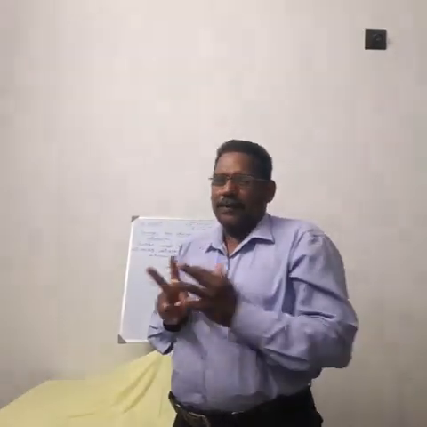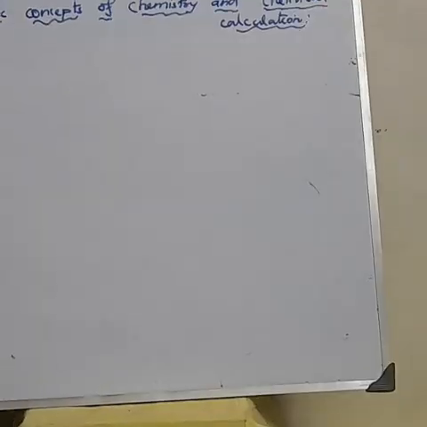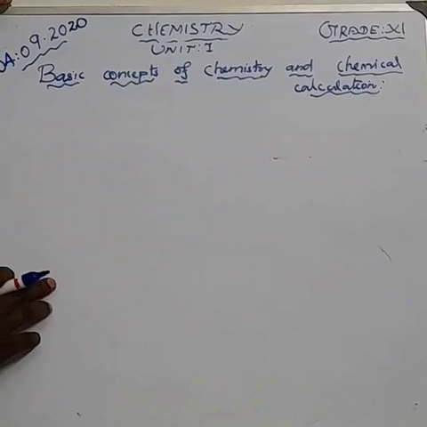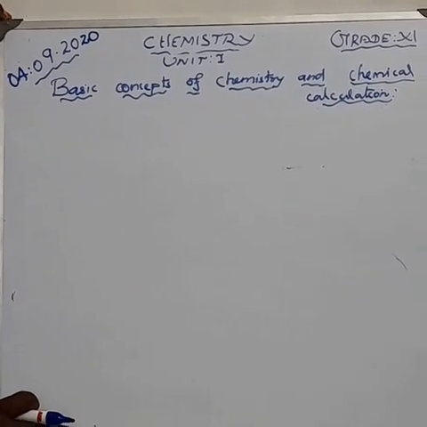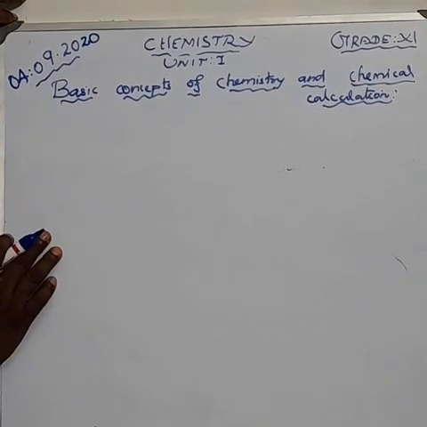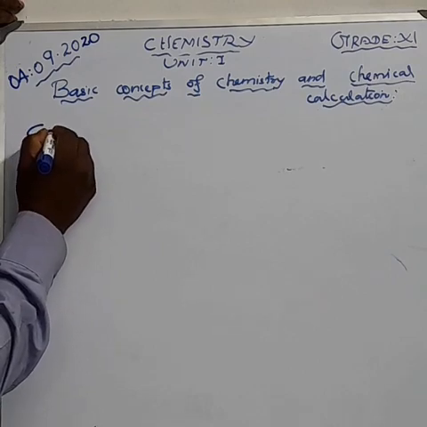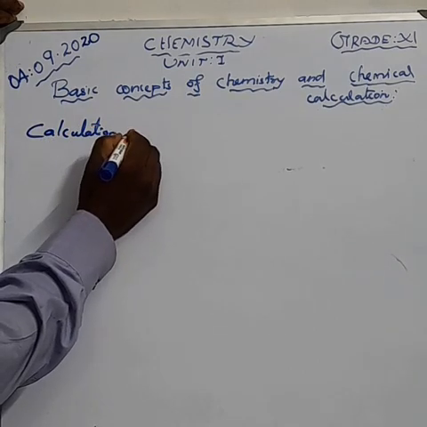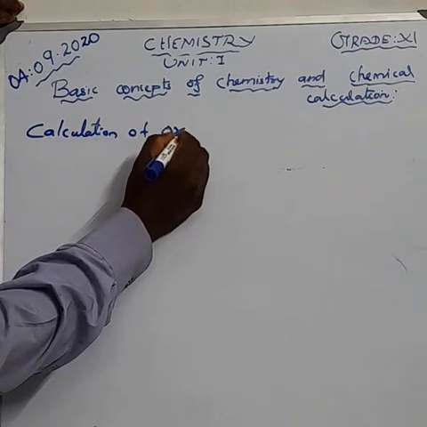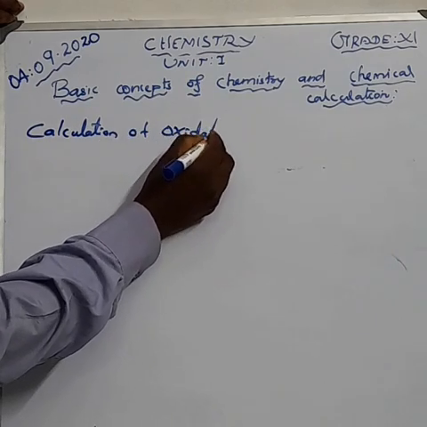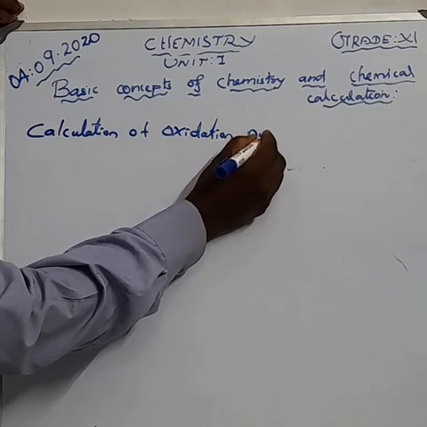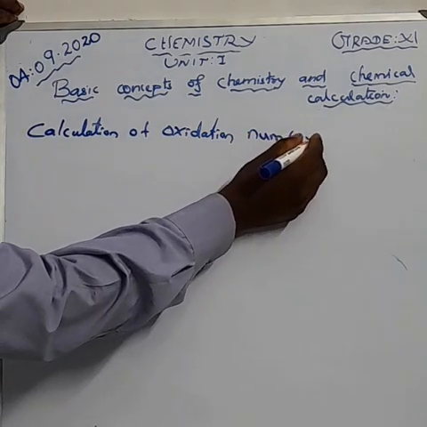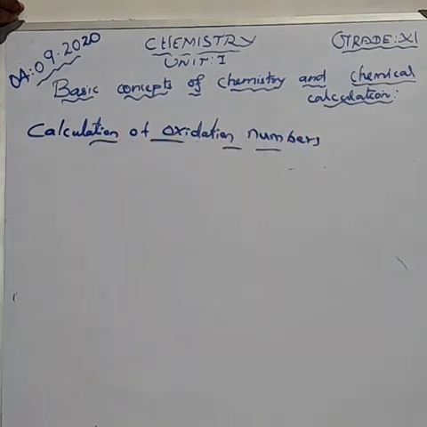How can you calculate the oxidation numbers as per the rule? Calculation of oxidation number.